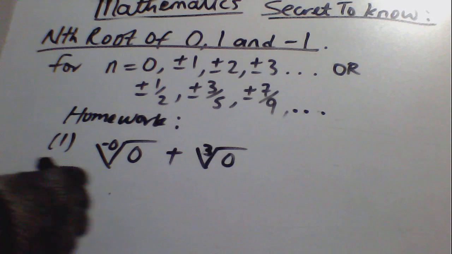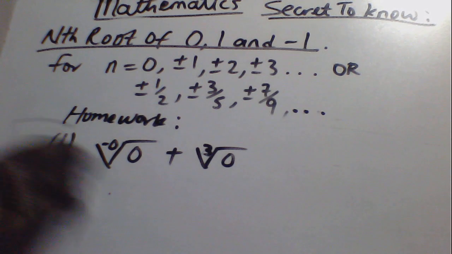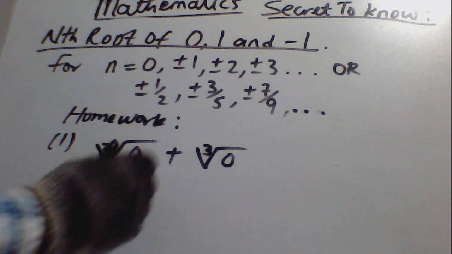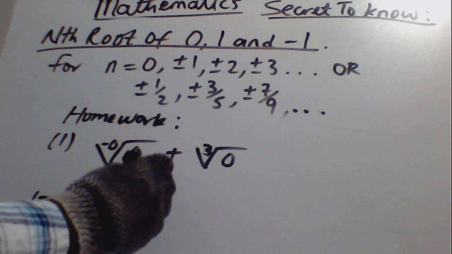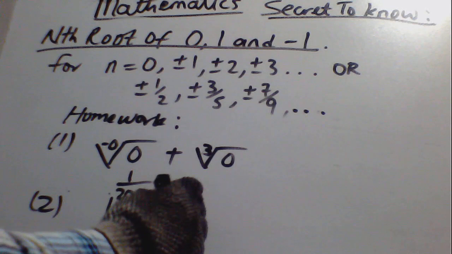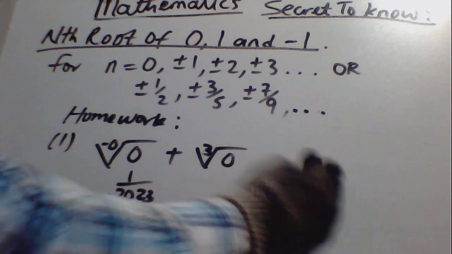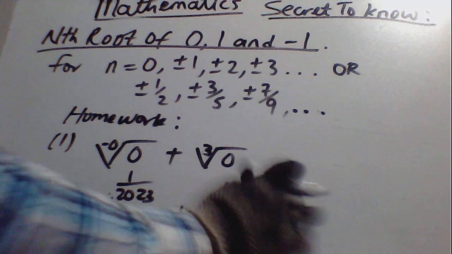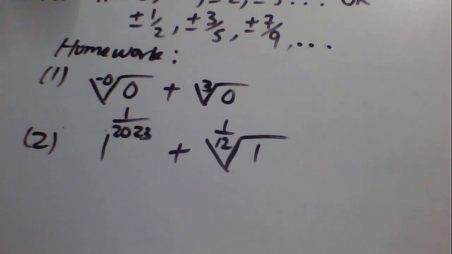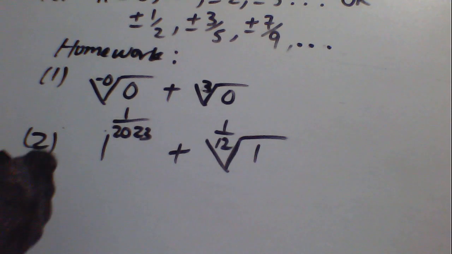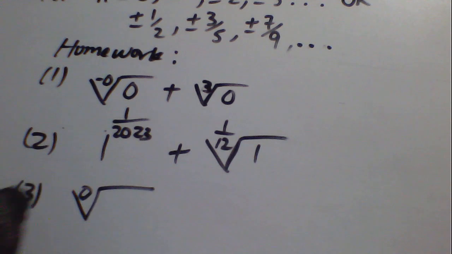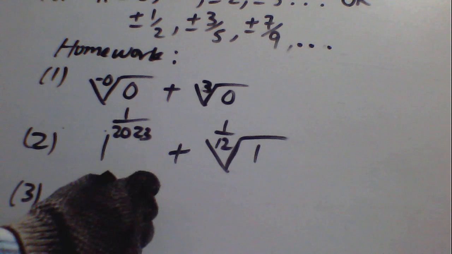So the second question, you have 1 to the power of 1 over 2023 plus, here we have 1 over 12. We have 1 here. And lastly, last but not the least, you have the root, here is 0, 1 to the power of 29.